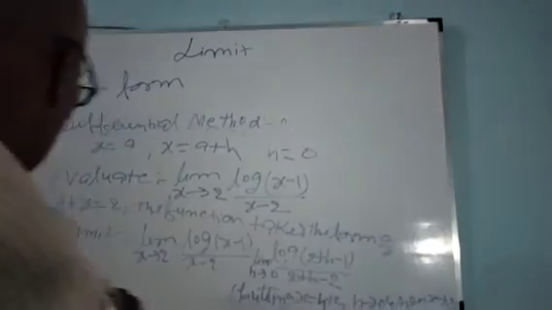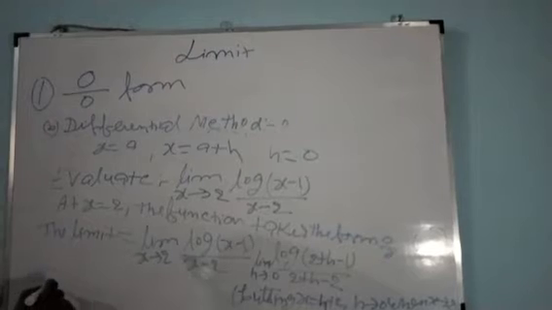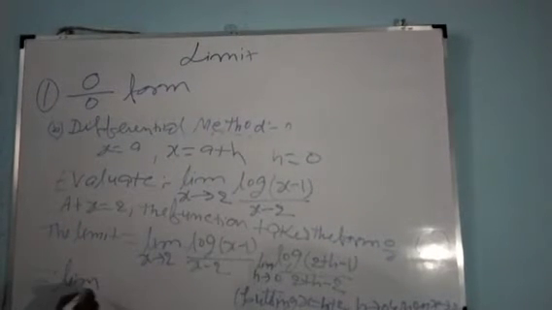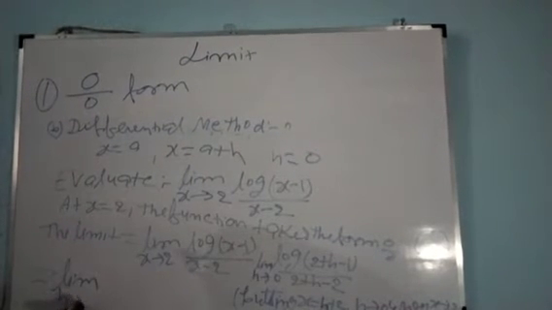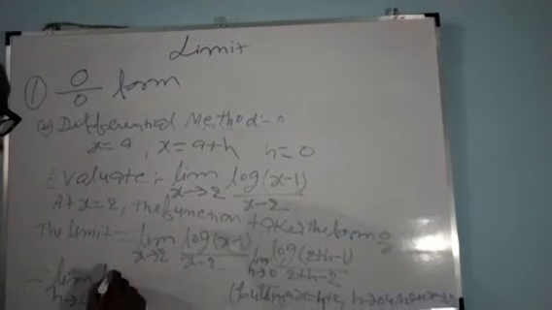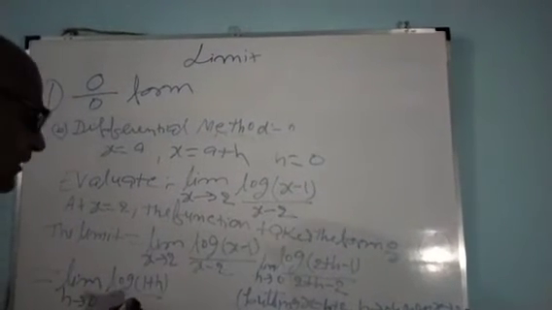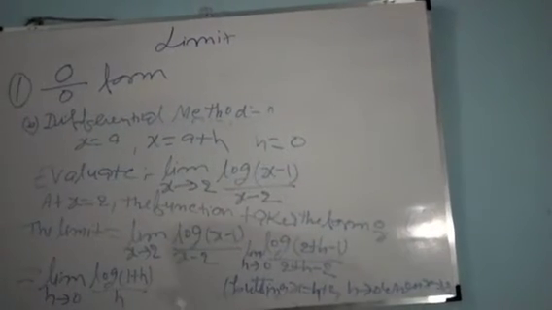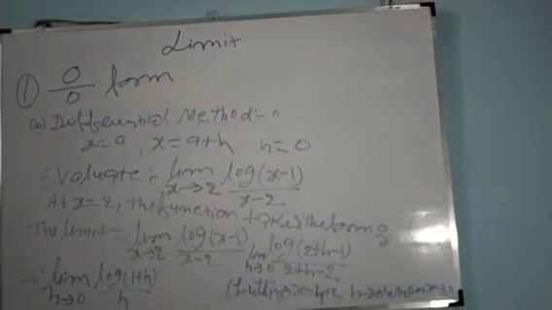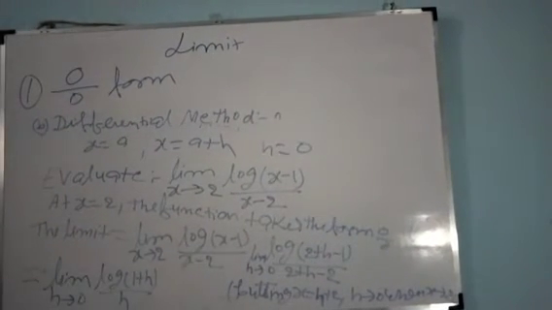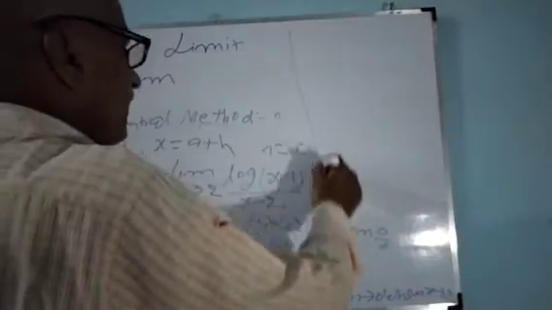Now further, you see limit h tends to 0 of log 1 plus h by h. Now we expand this. I write it here above.